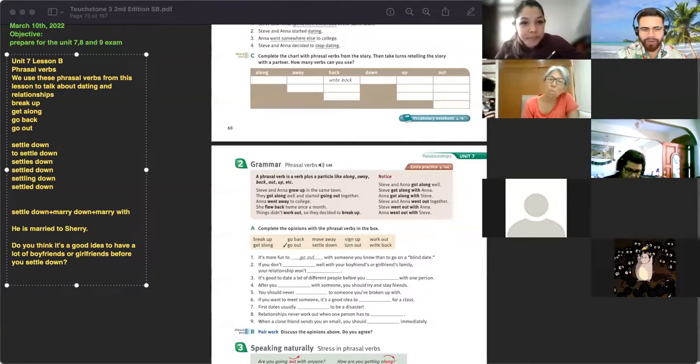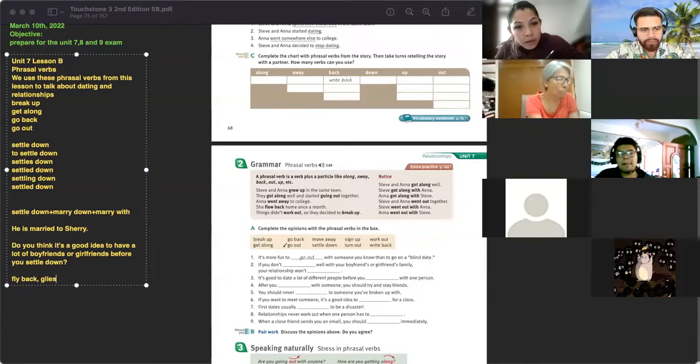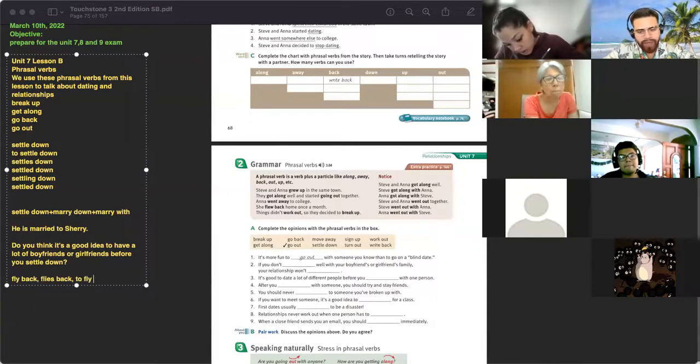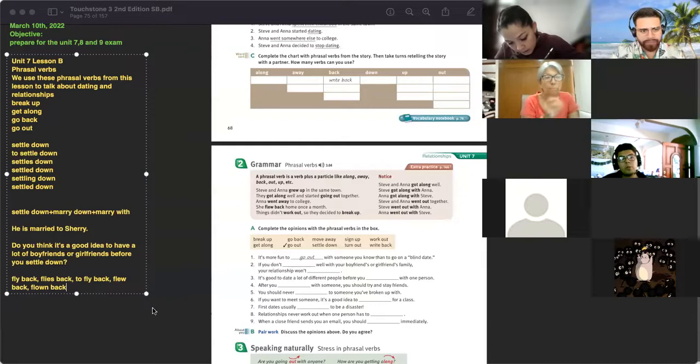One more type of question that's going to be here. You need to know fly back, flies back, to fly back, flew back, and flown back. And this is easy.